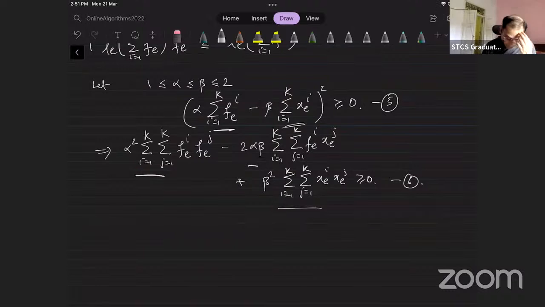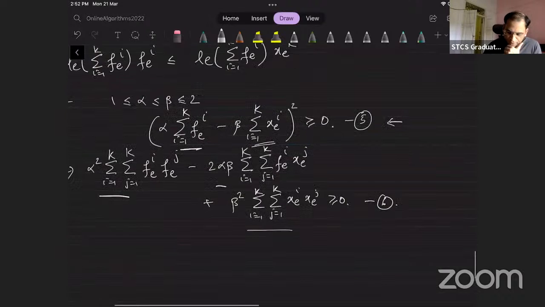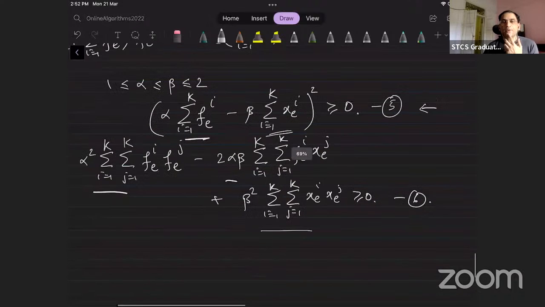So from here onwards, there will be lots of inequalities, which you will eventually forget what happened, but always remember where we started from. We are starting from this point, where we are trying to compare the flows assigned by an algorithm on a particular edge with respect to any other algorithm which is assigning x_e^i. And eventually we'll make a choice for alpha and beta to claim what we want.